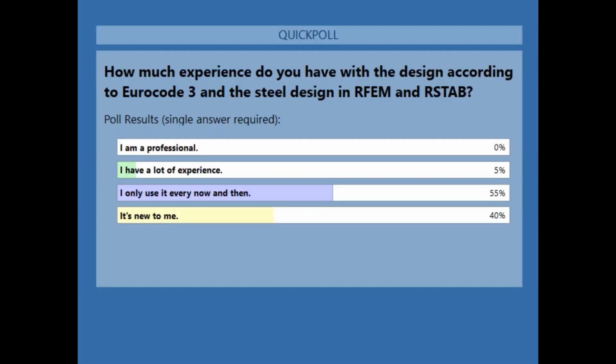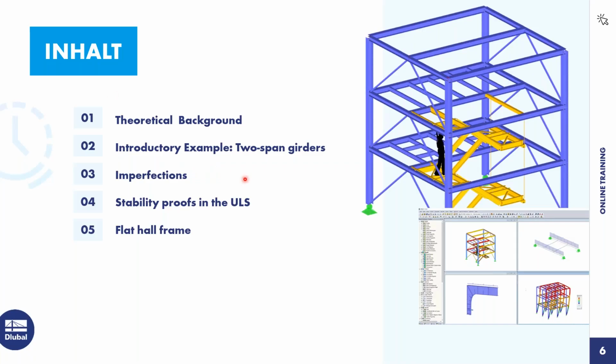Okay, let's take a look at the results. Most of you have chosen that it's very new or you do not have so much experience. So today this training is perfect for those who want to get a rough overview and rough insight into the design of steel structures in RFEM 6.